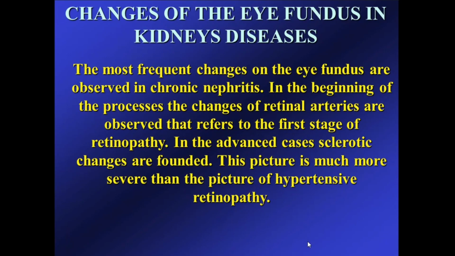Changes of the eye fundus in kidney diseases. The most frequent changes of the eye fundus are observed in chronic nephritis. In the beginning of the process, changes of the retinal arteries are observed, which refers to the first stage of retinopathy. In advanced cases, sclerotic changes are found.